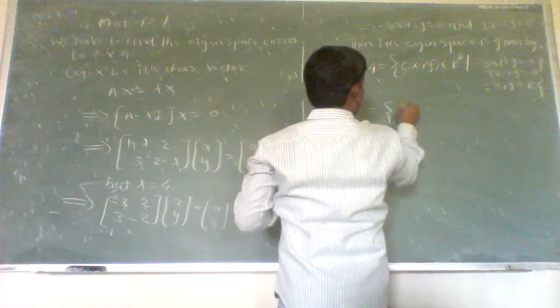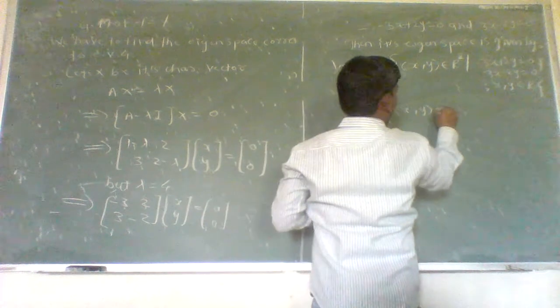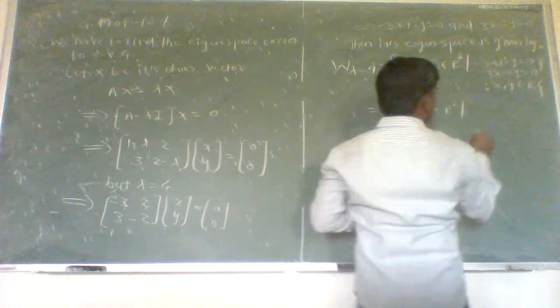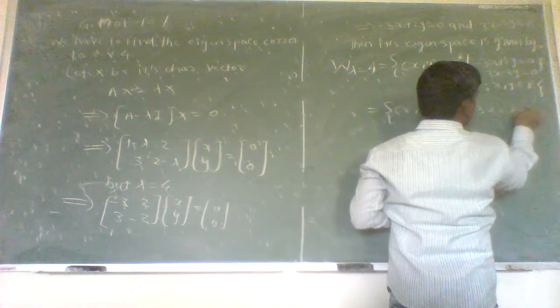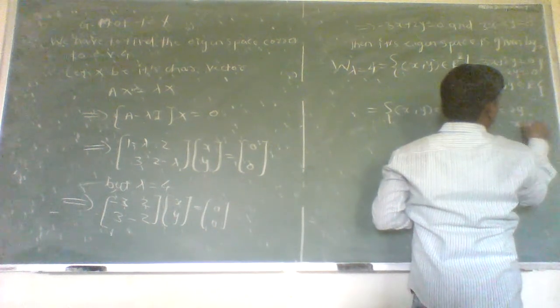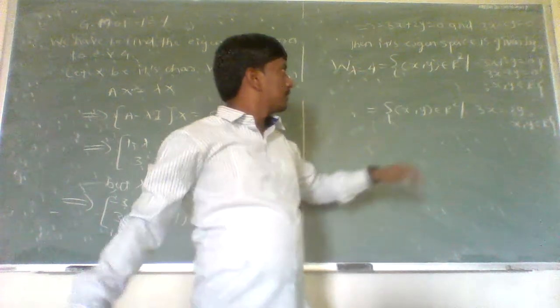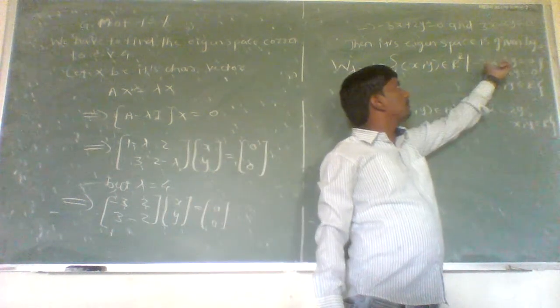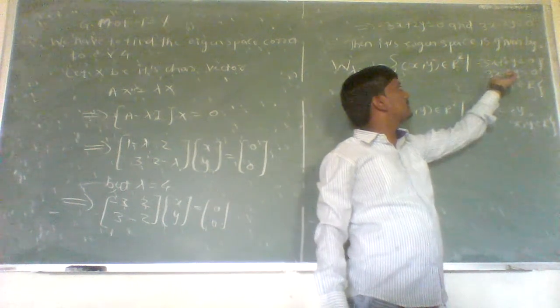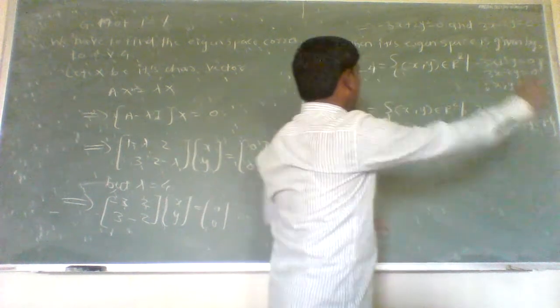So this is x, y belonging to R2 such that 3x is equal to 2y. Minus 3x plus 2y equal to 0 implies 2y equal to 3x, and from the other equation also 2y equal to 3x.